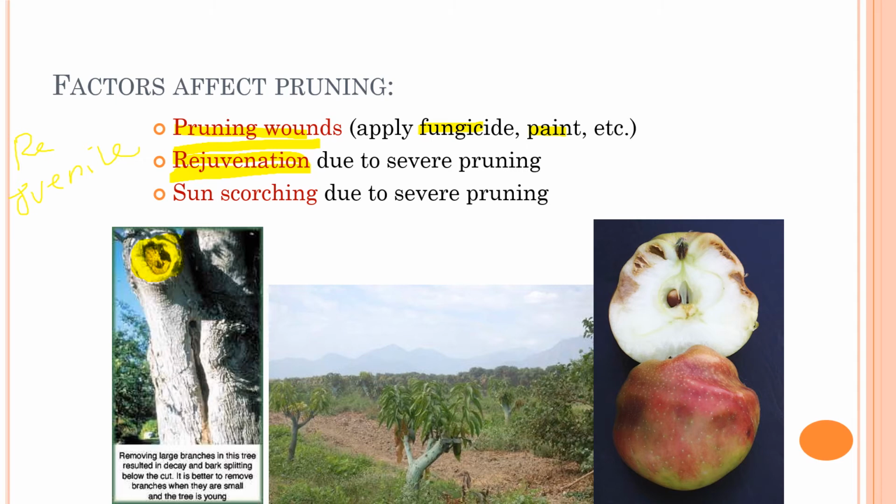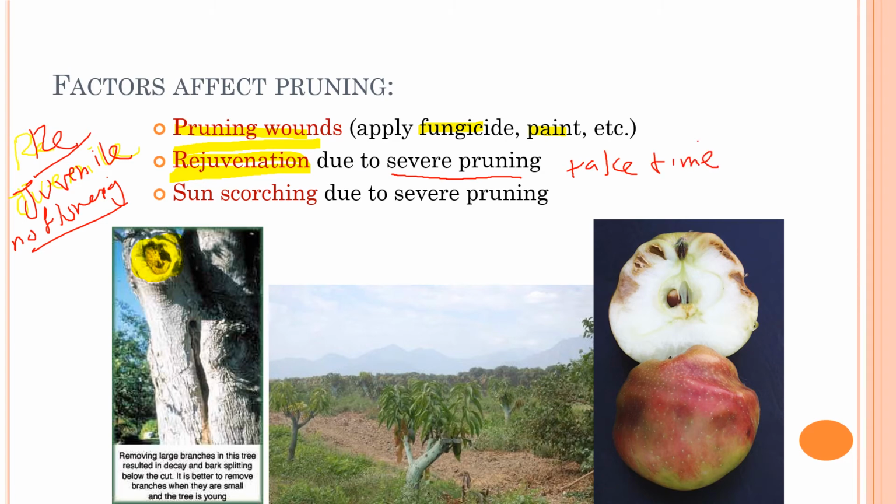So I'm trying to bring the tree back to the juvenile stage. If you cut too much, you are going to bring the tree back to rejuvenation. Don't do severe pruning. If you do too much pruning, you are going to make the tree younger, which means it will take time to flower again and produce fruit. You don't want to do that, so you have to be careful.